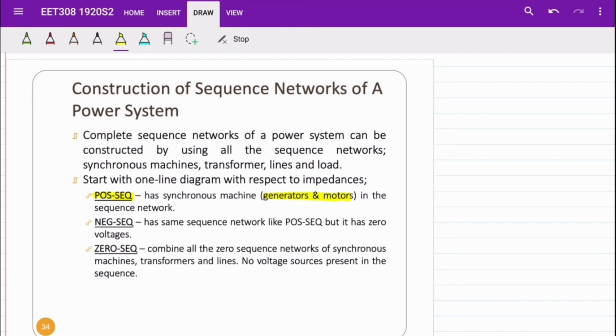For negative sequence network, the diagram is the same as positive sequence, but without any voltage sources. And for zero sequence network, the type of connection for the synchronous machines and transformers must be considered when we draw the one-line diagram, and it also has no voltage sources.